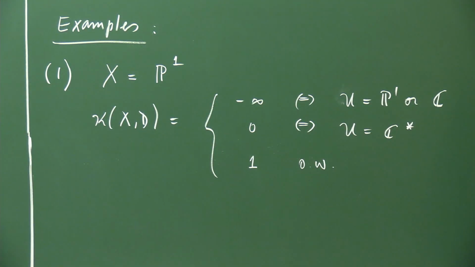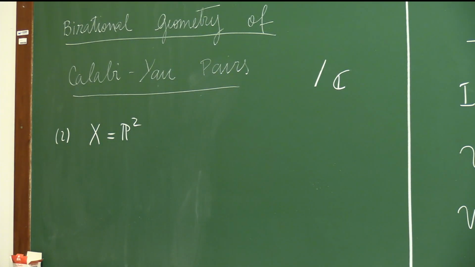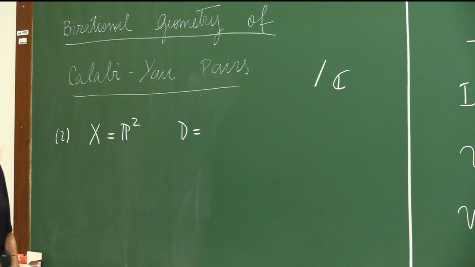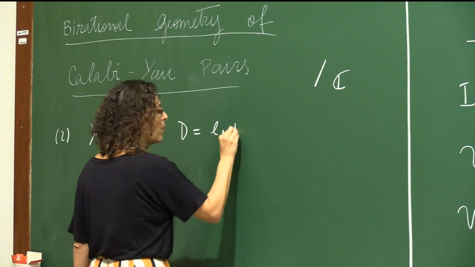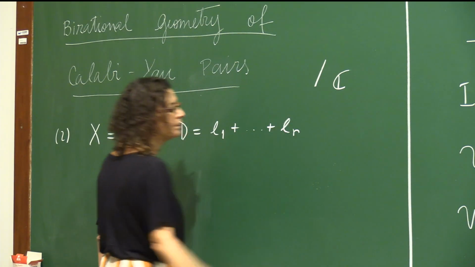Let me also explain an example in the case of dimension 2. Here, I want to take X to be P2. And for simplicity, I will take the divisor D to be a union of lines, L1 plus up to LR.